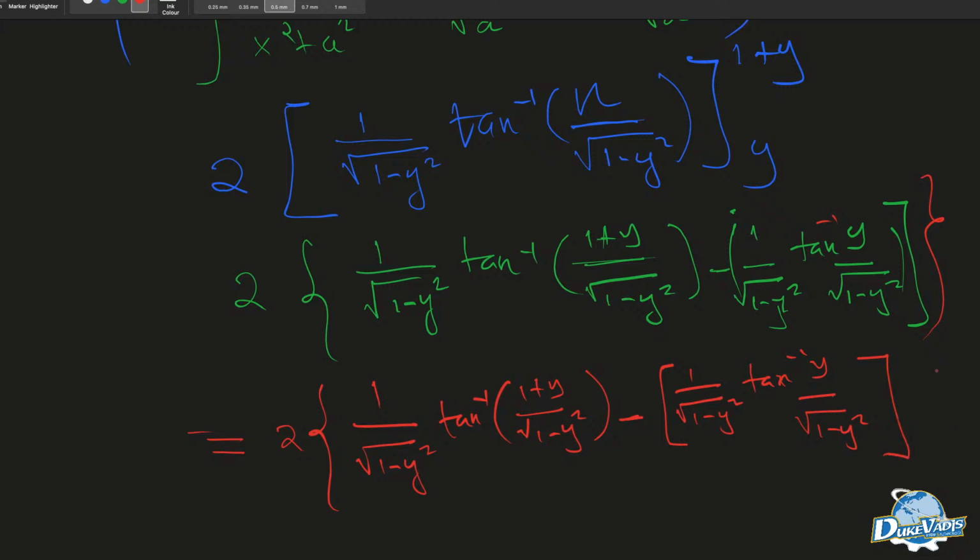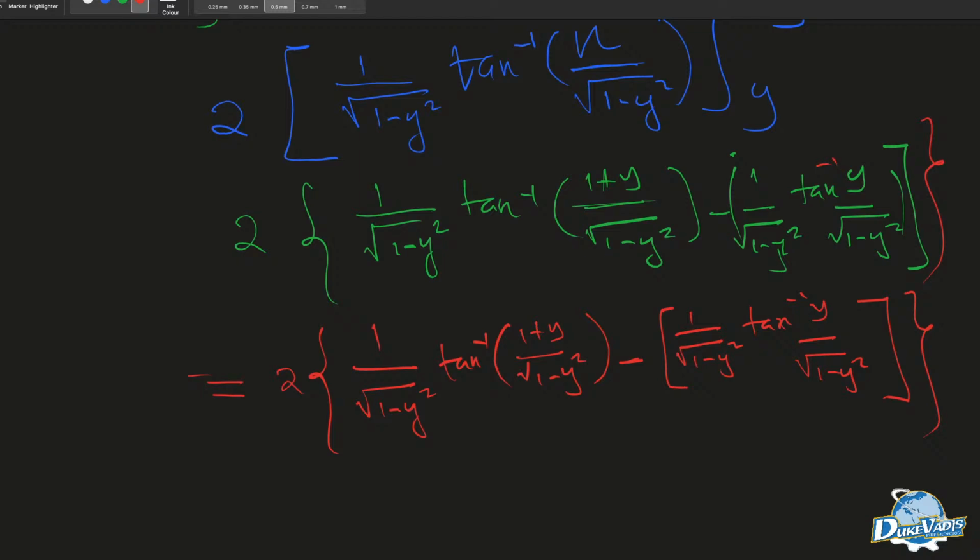So when we simplify this, it gives us a final answer.